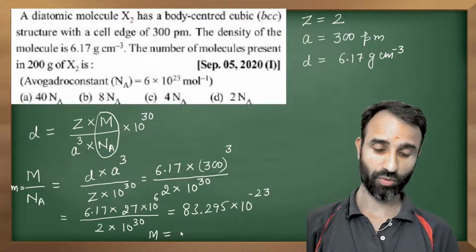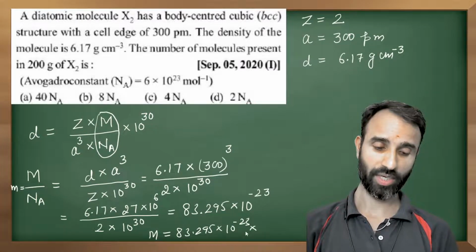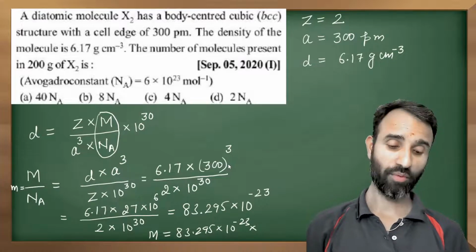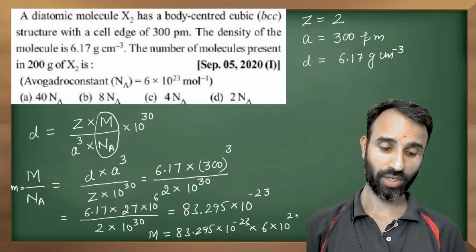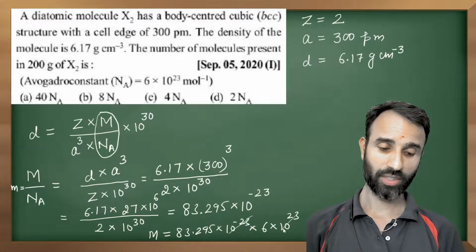M equal to 83.295 into 10 raised to power minus 23 into Avogadro's number, and Avogadro's number is given as 6 into 10 raised to power 23. So this is cancelled.